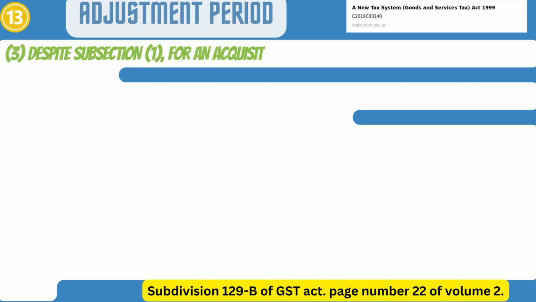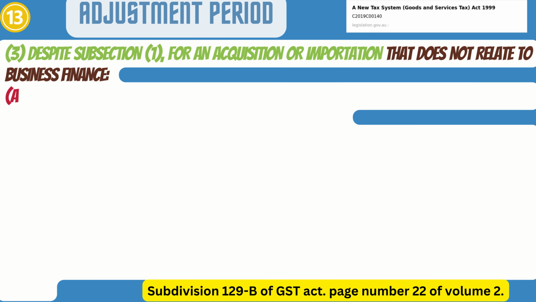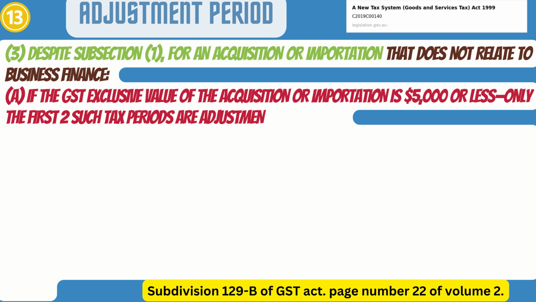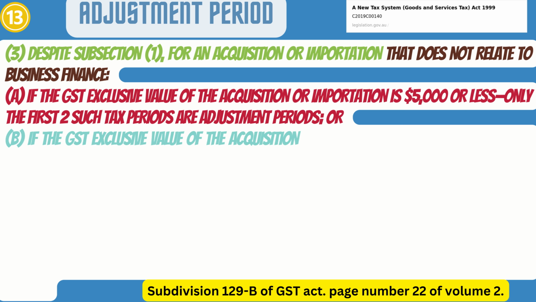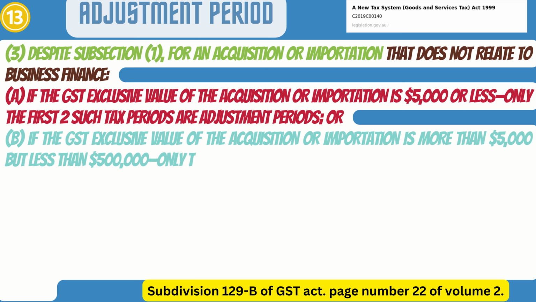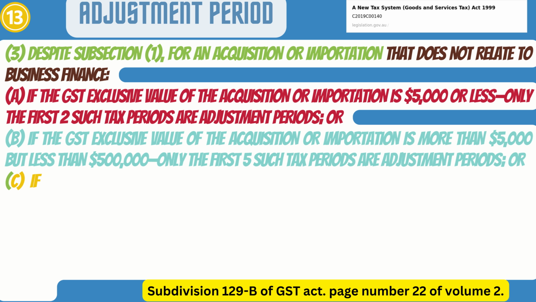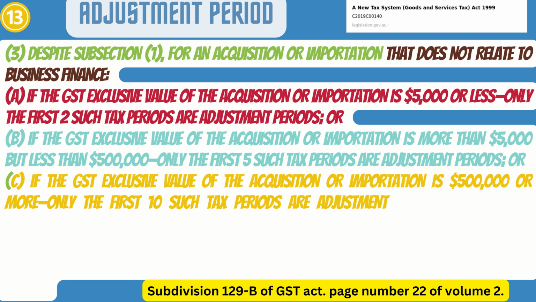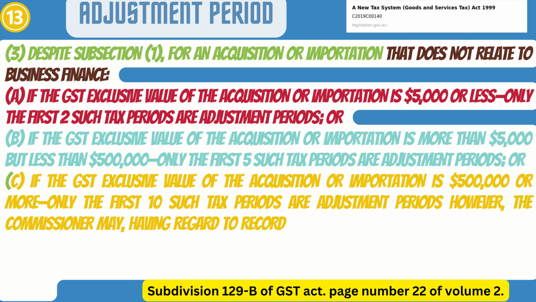3. Despite subsection 1, for an acquisition or importation that does not relate to business finance. A. If the GST exclusive value of the acquisition or importation is $5,000 or less, only the first 2 such tax periods are adjustment periods.